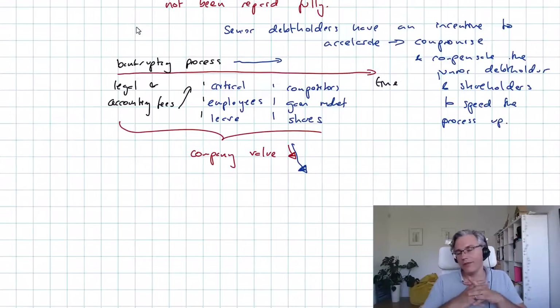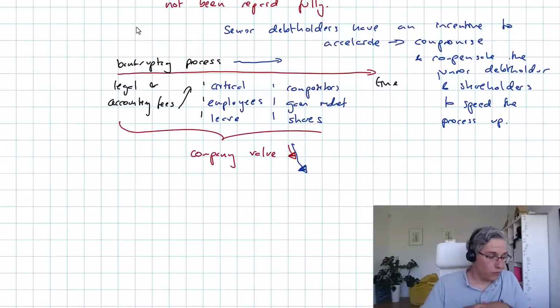This is why or how sometimes in these more complicated cases you may see junior debt holders as well as the shareholders walking away with some value, even though in theory they shouldn't have been entitled to get this.